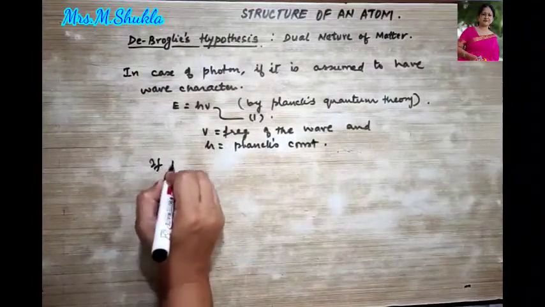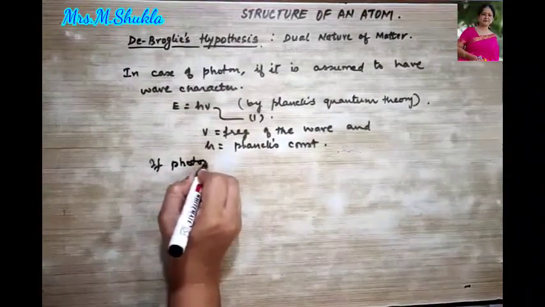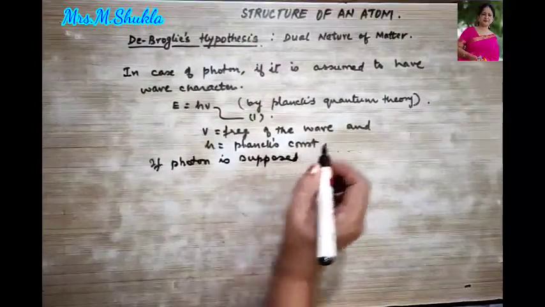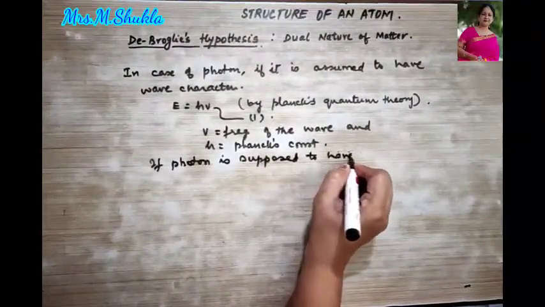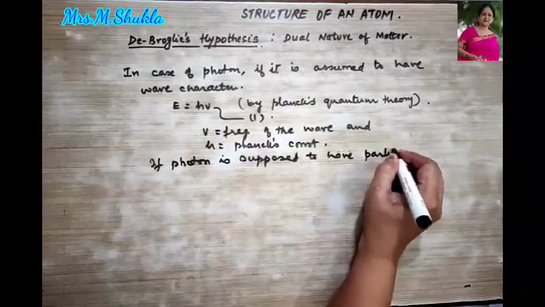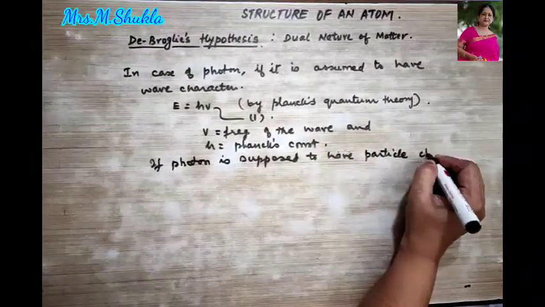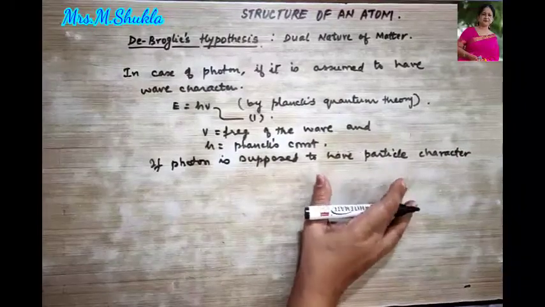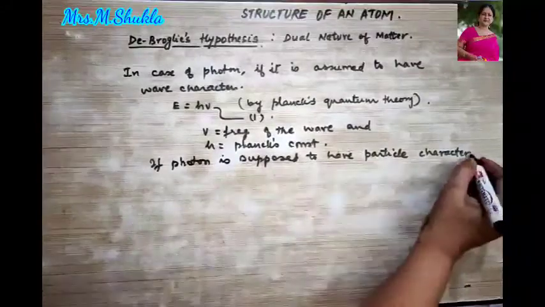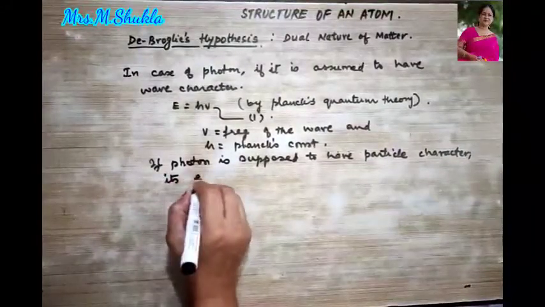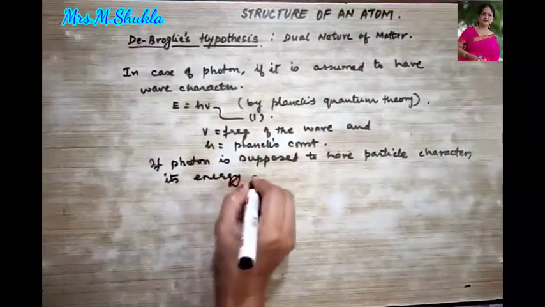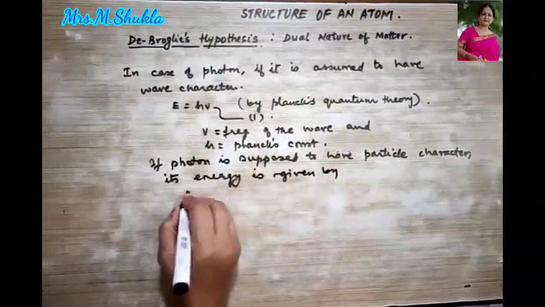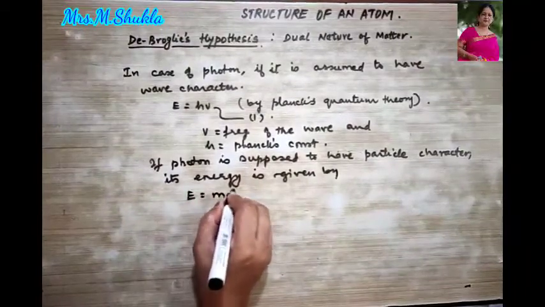Now, if a photon is supposed to have particle character, now who gave this theory that it has a particle character? Then its energy is given by E is equal to mc square.